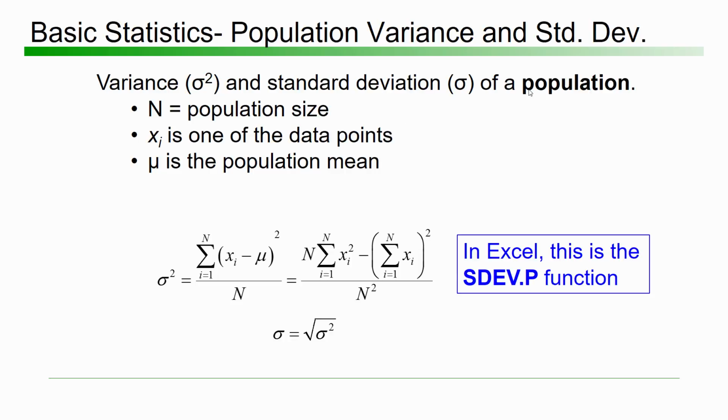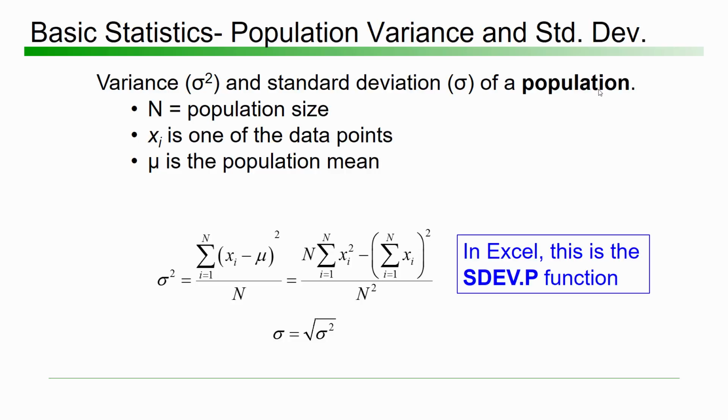A population means all of the people in a group. So if you have, for example, 60 students in a statistics class, and you wanted to find out the variance of their scores on an exam according to the STDEV.P function, then you'd use all of the scores.